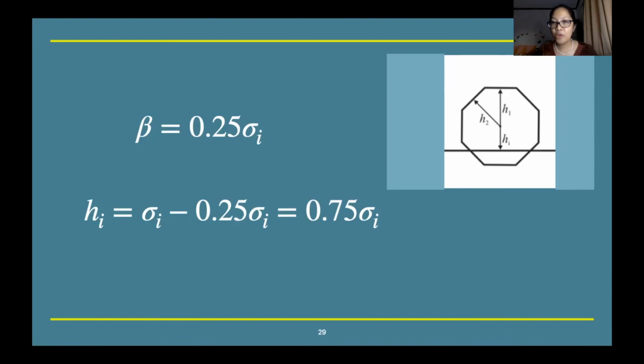As shown in the illustration, the length of the vector h sub I is also lesser than in the previous example. This is the case of incomplete wetting.